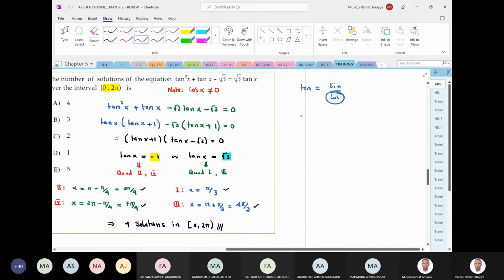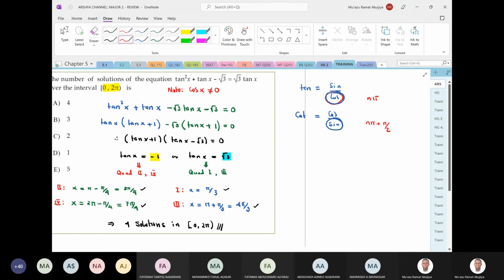If you have cotangent, this is equal to cosine over sine. Now sine cannot be equal to 0. So here, what are the zeros of cosine? It is n pi plus pi over 2. What are the zeros of sine? It is going to be n pi.